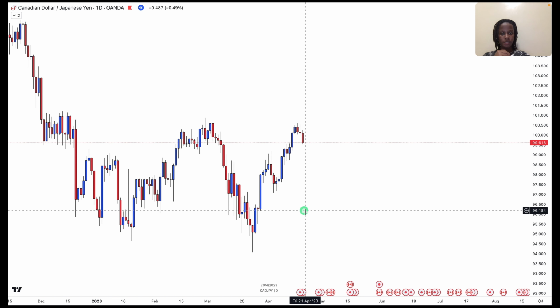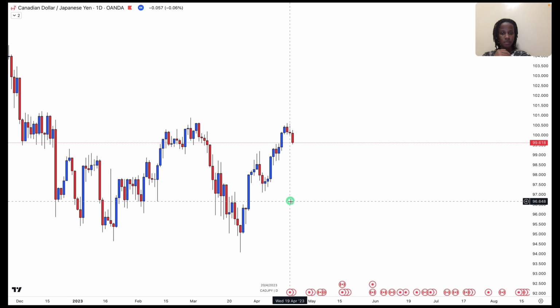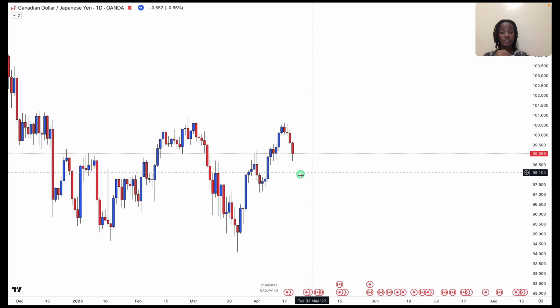Okay, this candle too closed bearish, so 21st April is not a valid trading day. Let's see if 22nd April is valid. If you go here, this one too closed bearish. So Monday, 22nd April is also not a valid trading day.